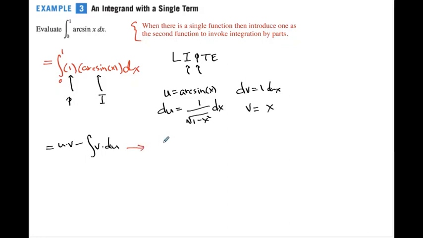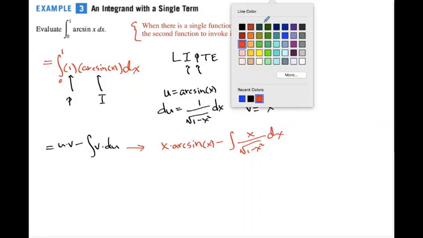So u times v is x times arc sine of x minus the integral. v times du gives me x over the square root of 1 minus x squared. And then my dx. And here we should recognize that we can use u substitution.